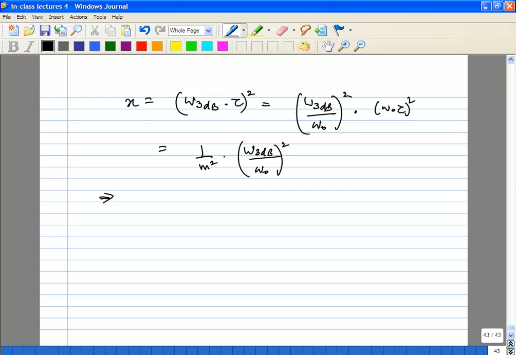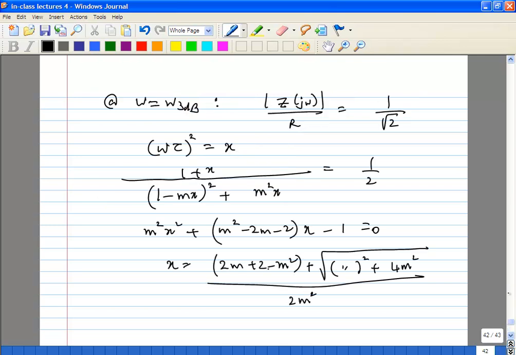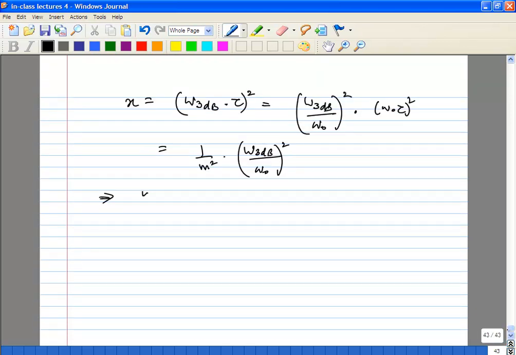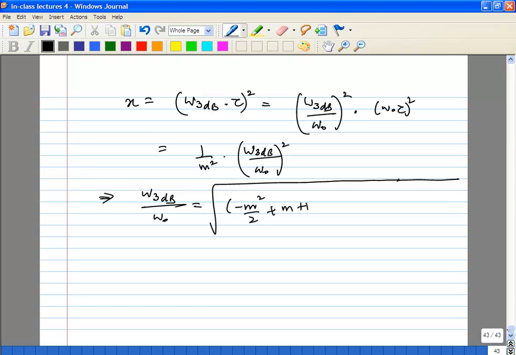So now you can put this back into the previous equation. You're going to get a second root inside a root obviously, but let's look at minus m squared by 2 plus m plus 1.